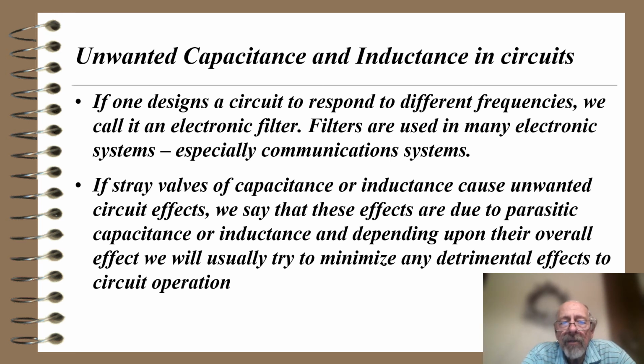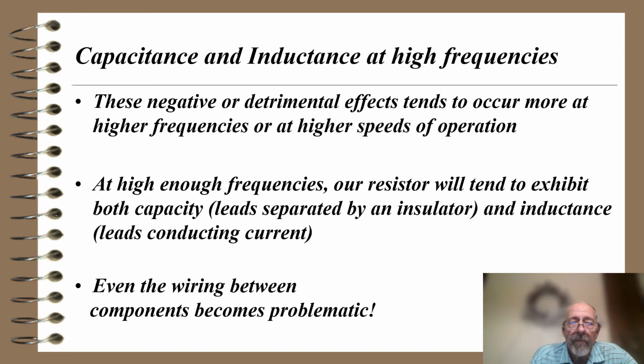Filters are used in many electronic systems, especially communication systems. If stray values of capacitance and inductance cause unwanted circuit effects, we say that these effects are due to parasitic capacitance or inductance. And depending upon their overall effect, we will usually try to minimize any detrimental effects to circuit operation caused by parasitic capacitance or inductance.